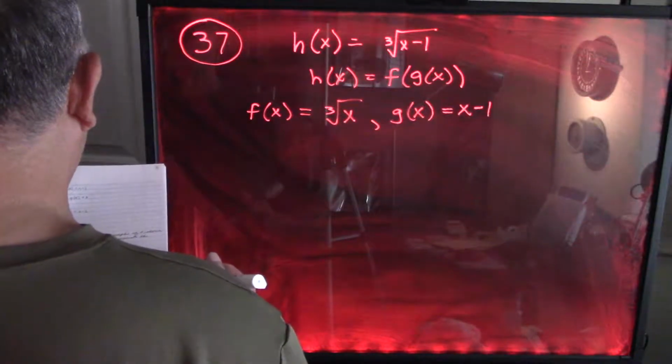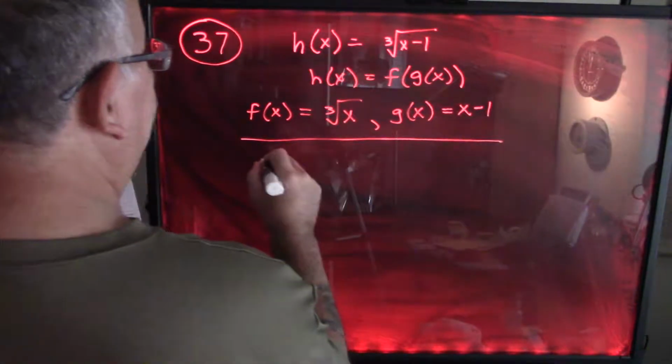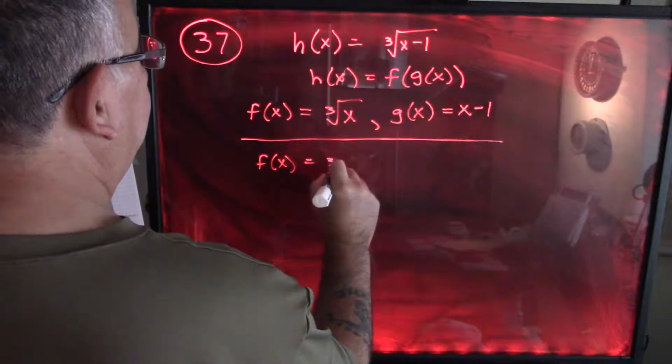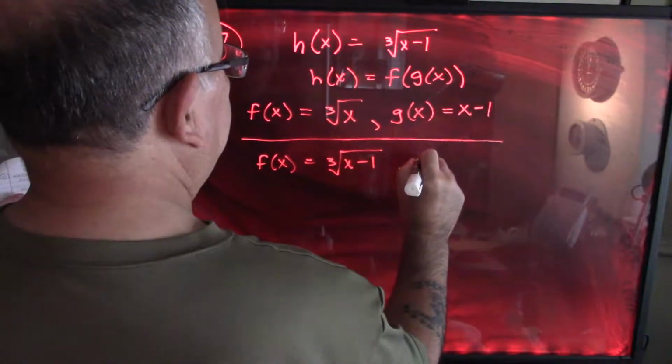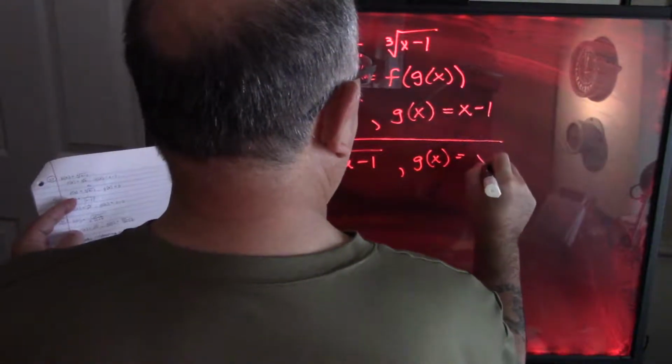You could also get a little tricky here, and you could do this. F of x is the cube root of x minus 1, and g of x is just x.